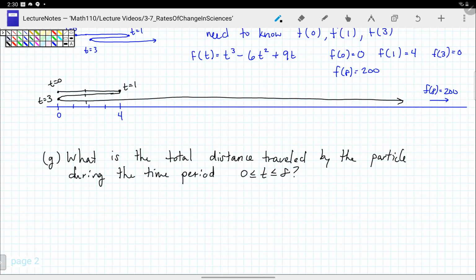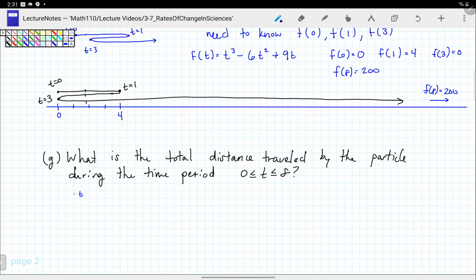Okay. So what we actually need to do in order to ask the question, what is the total distance traveled? We need to find out when the particle is moving forward and when it is moving backward and calculate all of the distances traveled during those individual movements. So I'm going to kind of record these.